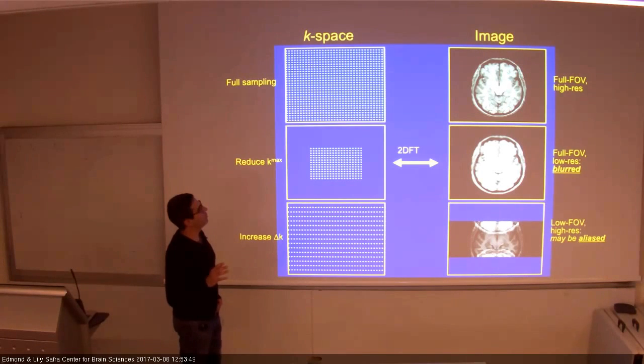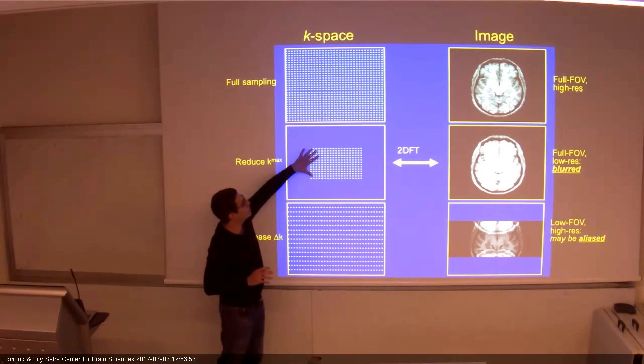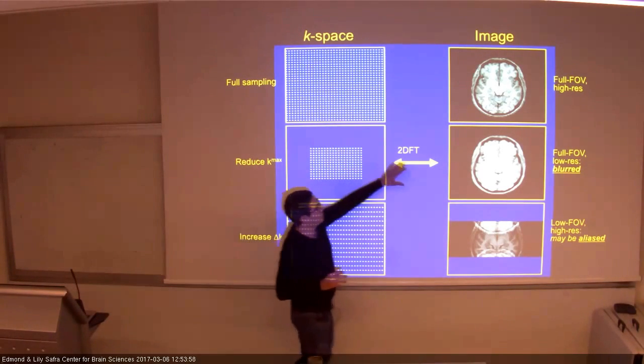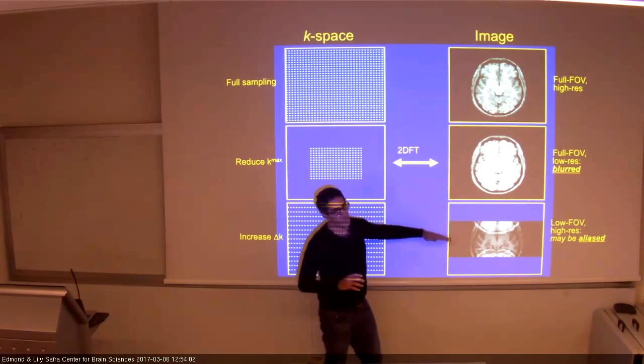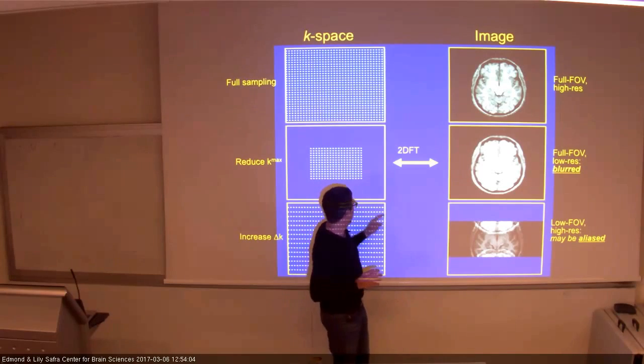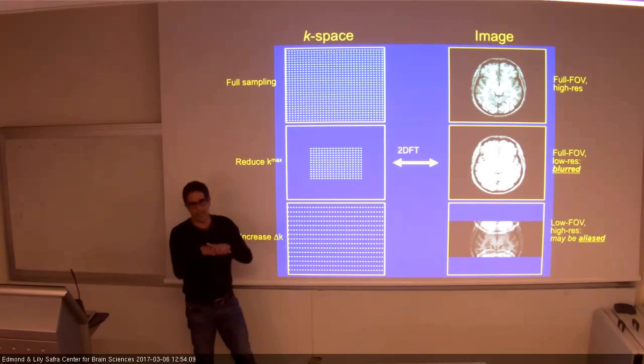Just remember that whenever we measure, if we take a smaller part of K-space, we're going to get blurriness. If we take different samples within K-space, but not every other line or something like that, we're going to get folding.